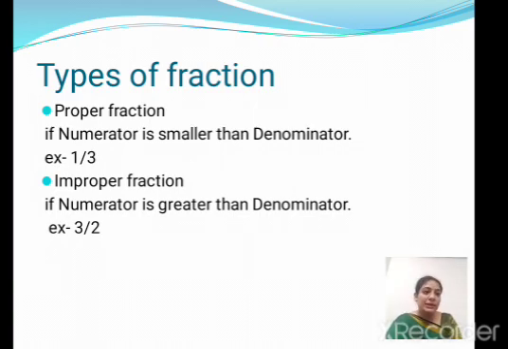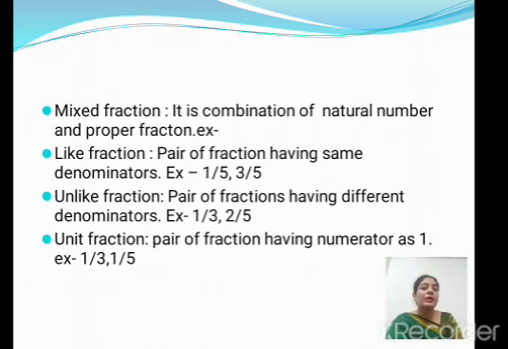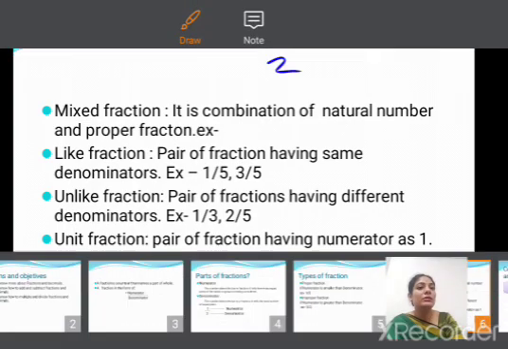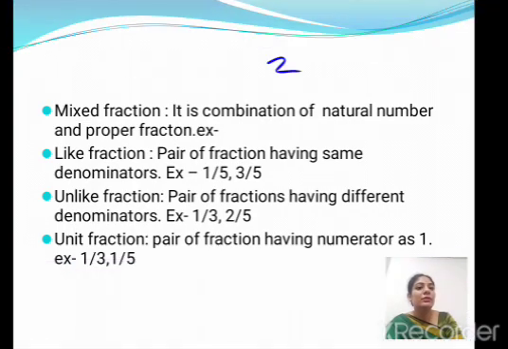Example 3 by 2. Now mixed fraction. It is a combination of a natural number and a proper fraction. Example 2 whole 1 by 2. Here there is a combination of a natural number and a proper fraction.